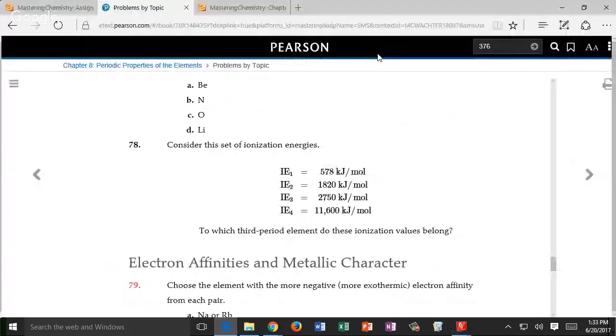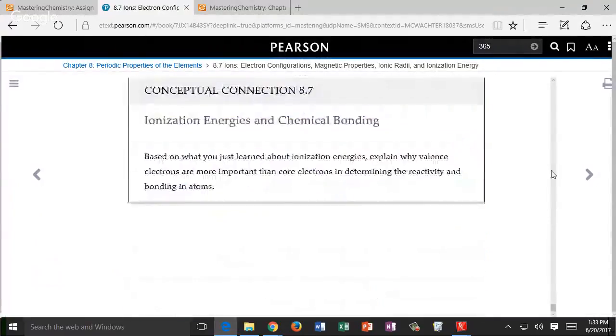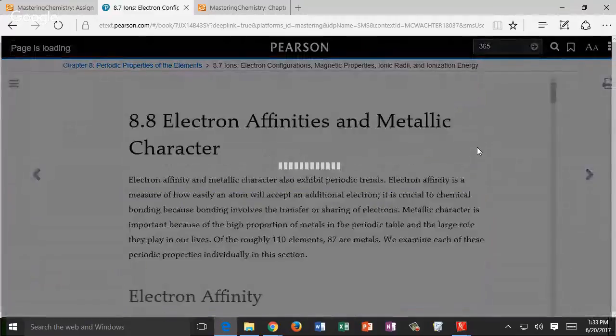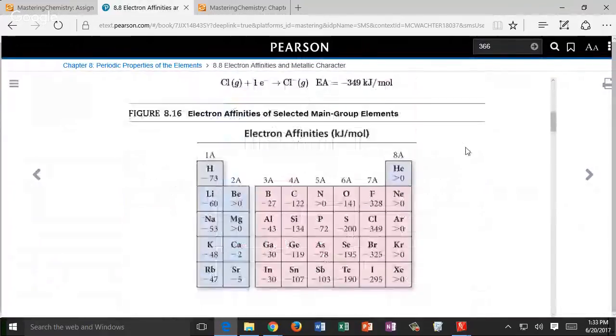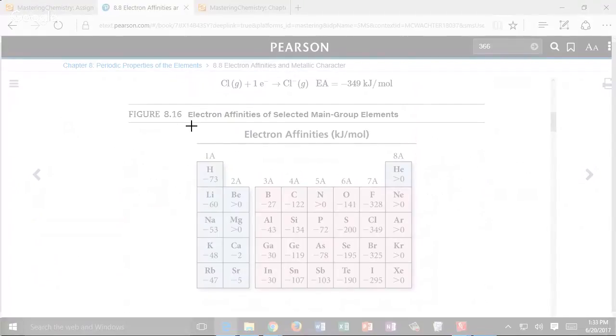If we look at a graph of electron affinities, oops, still ionization energies. Here are some electron affinities.